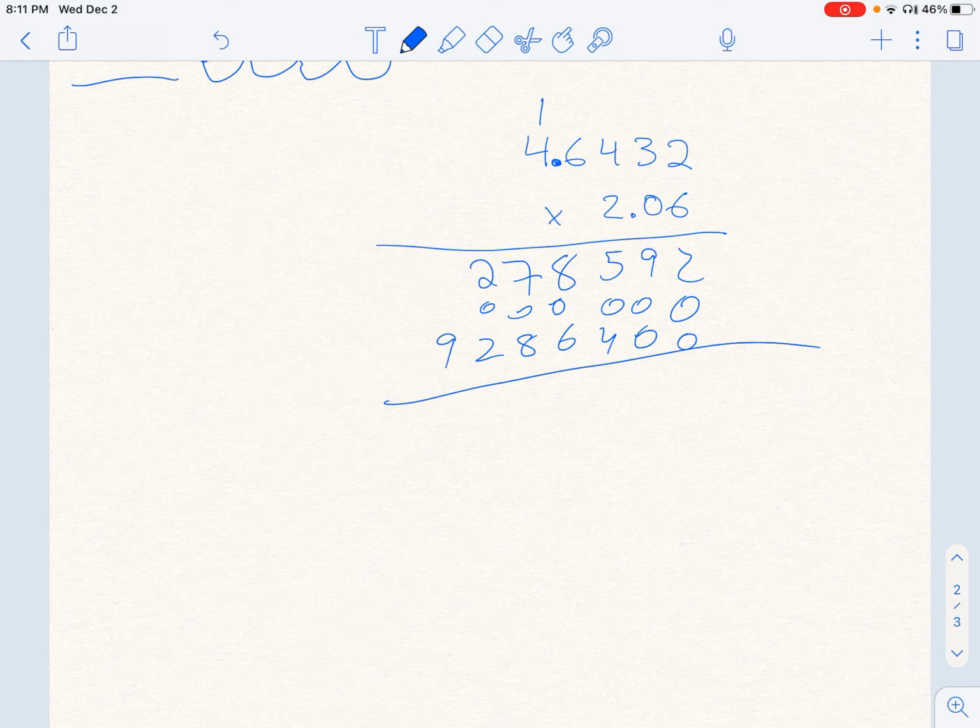Plus 1 is 9. Now add them up. Okay, so this one again is going to be 4 times 2 is 8. So my guess is it's going to go there. 1, 2, 3, 4, 5, 6. 1, 2, 3, 4, 5, 6. Boom. Wow, this is exciting.